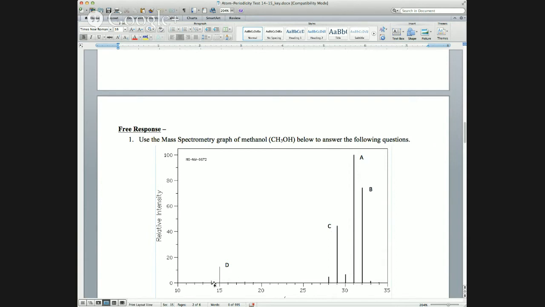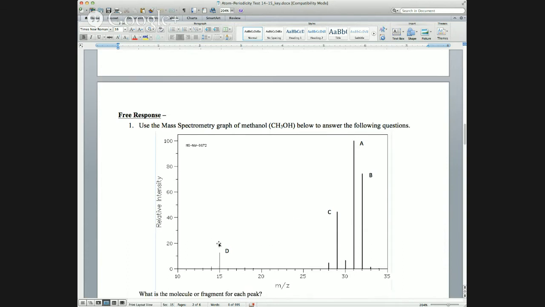And we go all the way down to 15, which is D, which is that molecule down here. And 15, if we had to look at that, there's no oxygen in it. I mean, you might be able to make the argument that it's an isotope of oxygen, but there's so much of it that there's probably not oxygen 15. So I would not accept that. Because you look at this molecule, it makes more sense that carbon as 12 and 3 hydrogens together make 15.